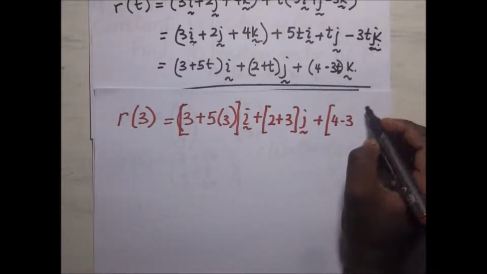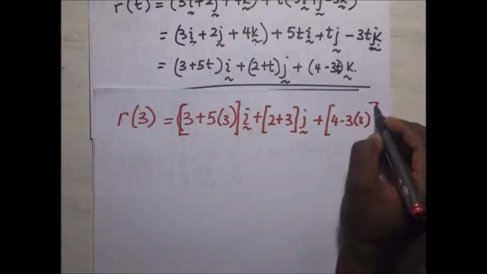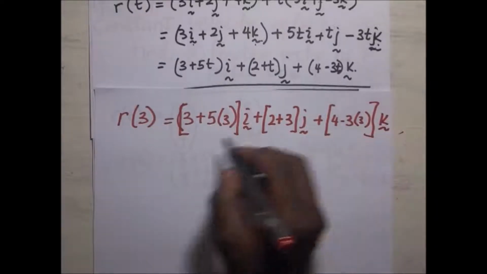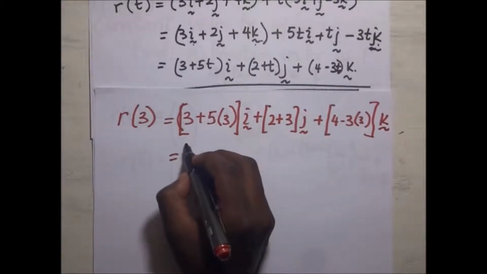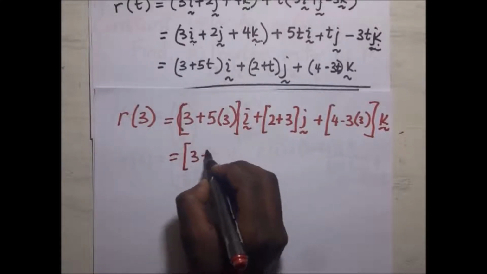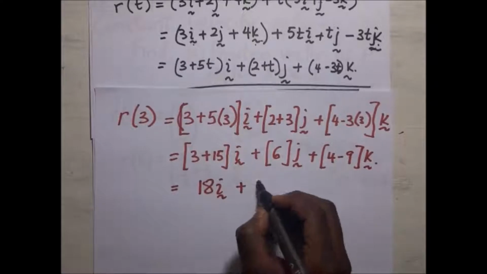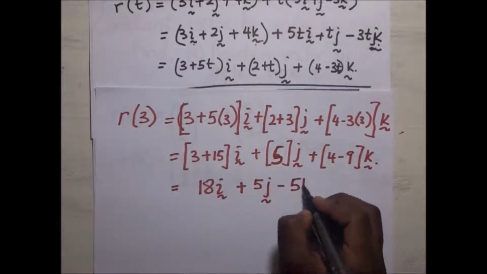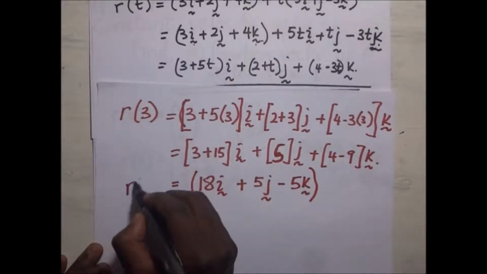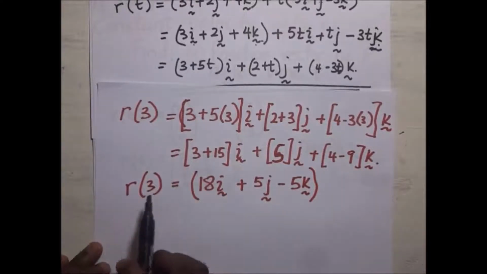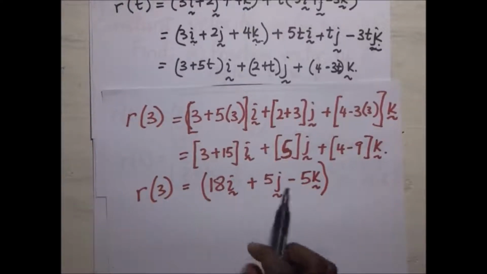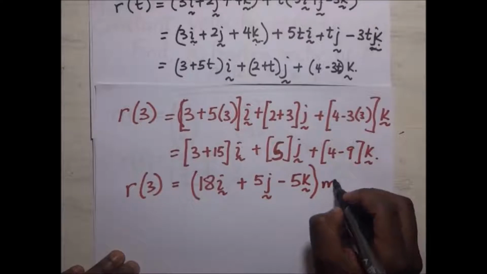The value of t in this case is 3, that is k. So that's going to be 3 plus 15. So the position vector after 3 seconds is going to be this. This is all in meters.